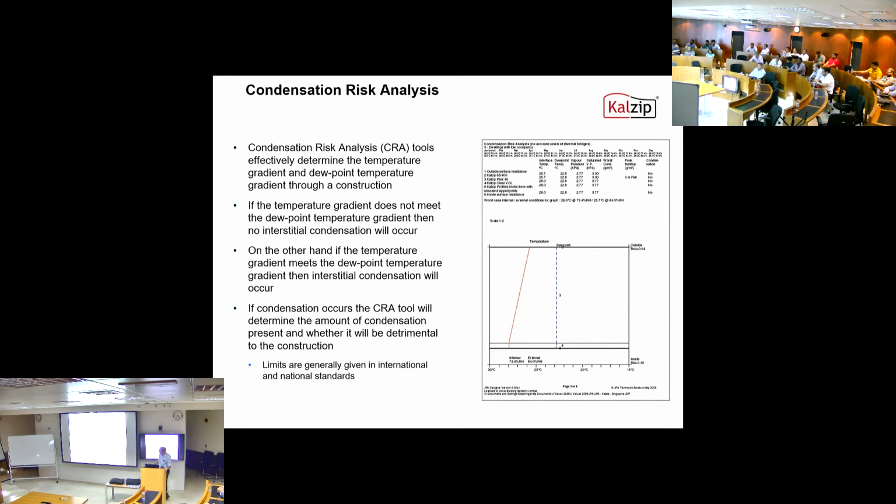The idea being that these two should never meet. You can see there, this is outside to inside, showing the temperatures. This is the risk of condensation. No. So there's no risk of condensation with that construction.